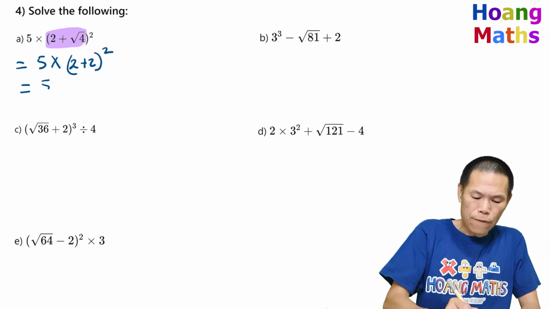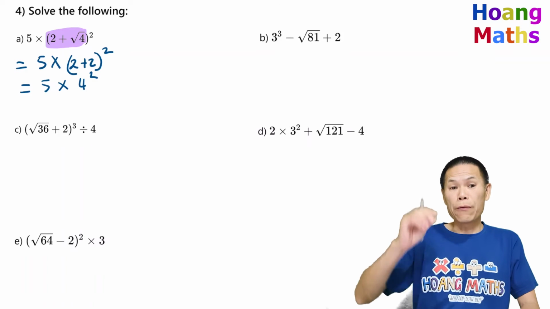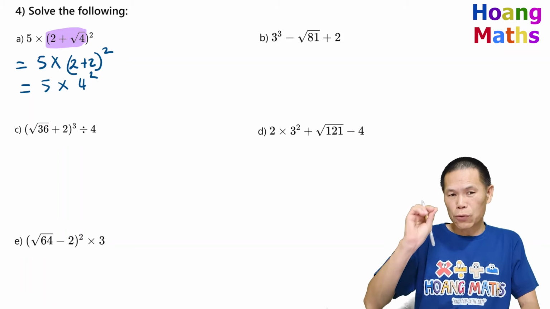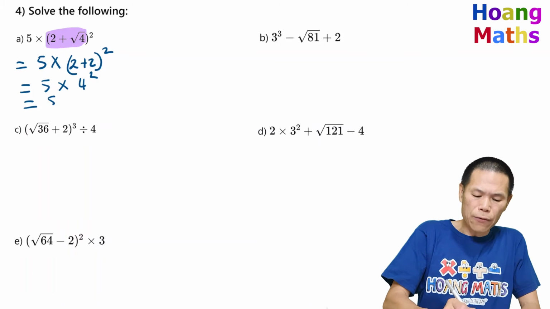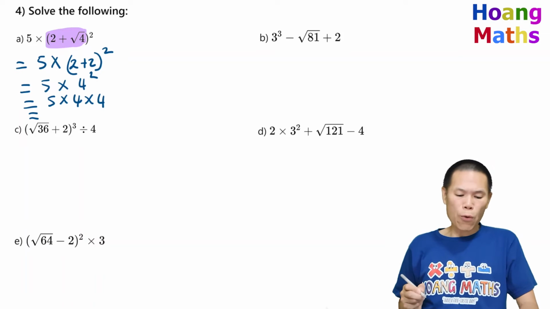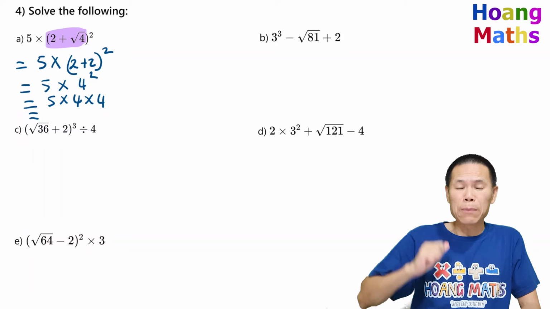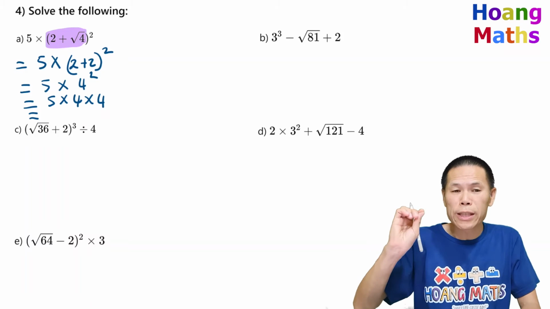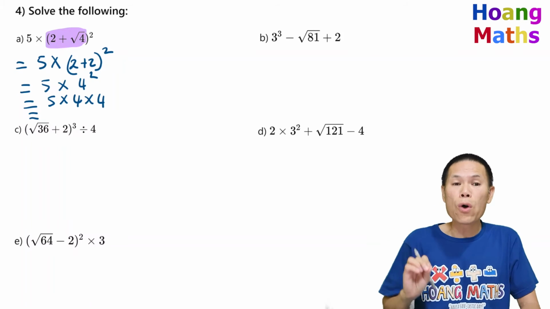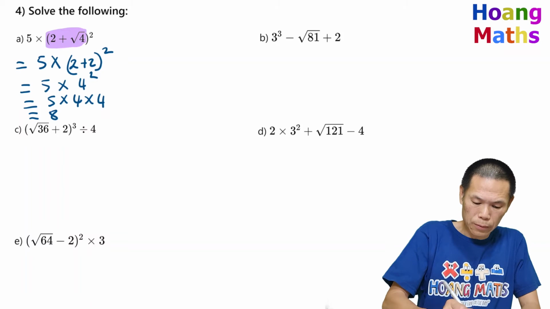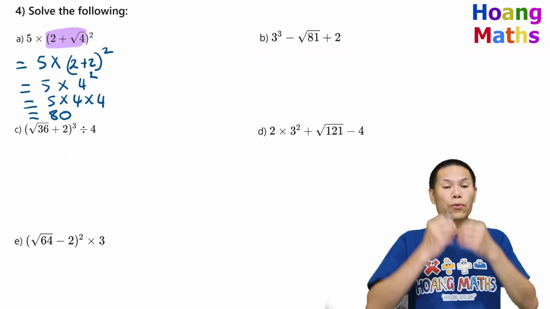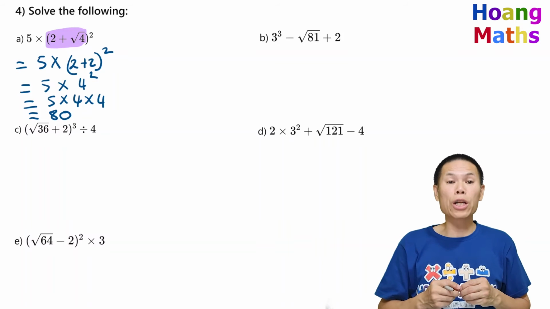So that is 5 times 4 squared. And 4 squared is 16 because 4 squared is 4 times 4. Or you can just write it like this, 5 times 4 times 4 if you wish. And nothing wrong with that. And we know that 5 times 4 is 20. 20 times 4, so 2 times 4 is 8. And we just add a 0. So that is 80. So there you go. Hope you got it correct.